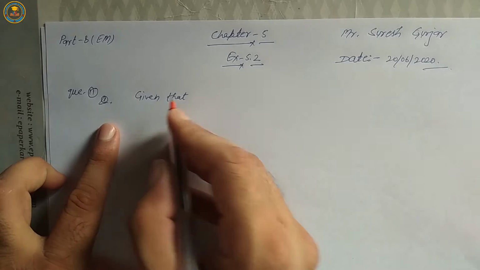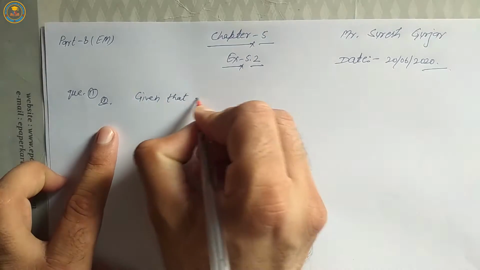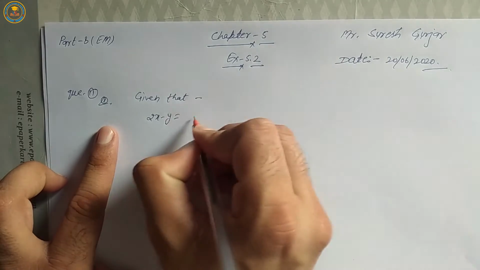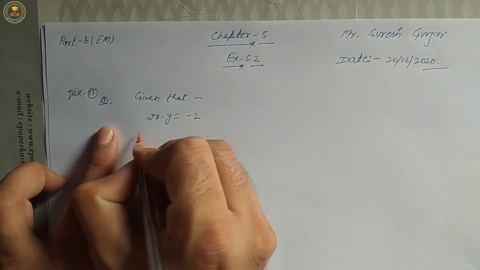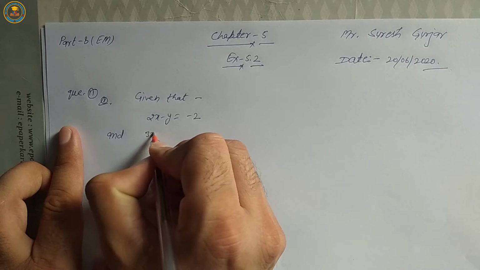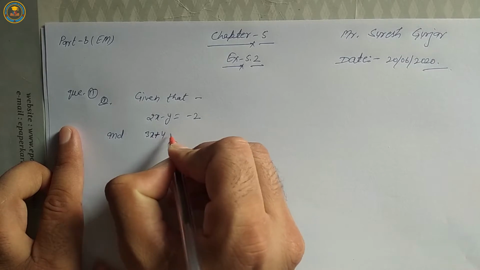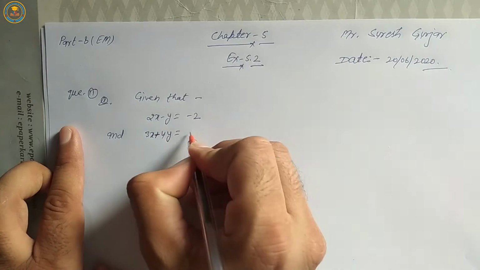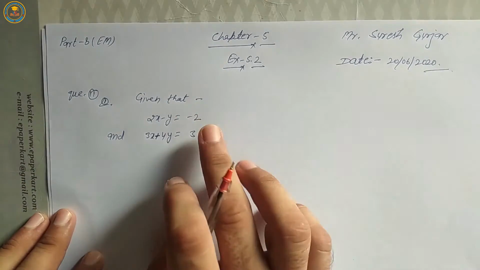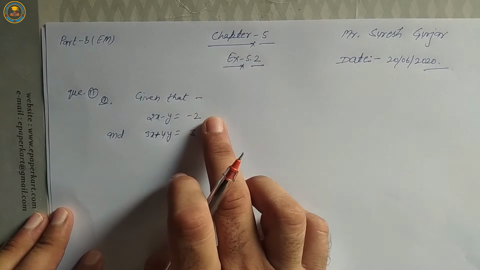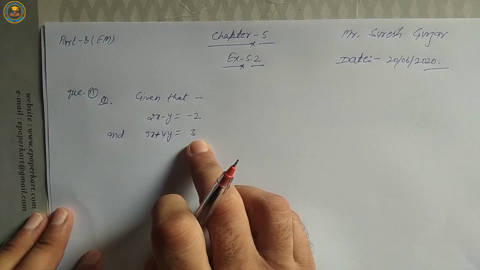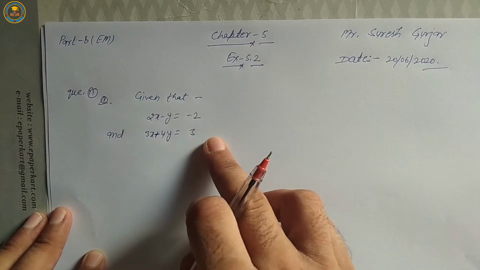Question number first, given that 2x minus y is equal to minus 2 and 3x plus 4y is equal to 3. Two equations: 2x minus y is equal to minus 2 and 3x plus 4y is equal to 3. Use matrix method.